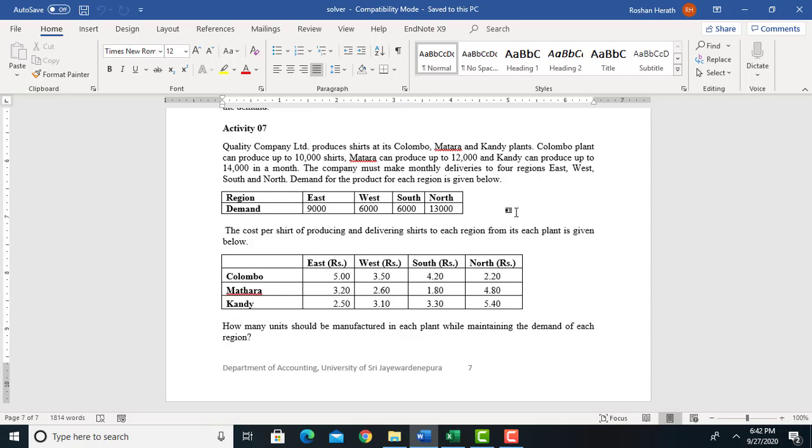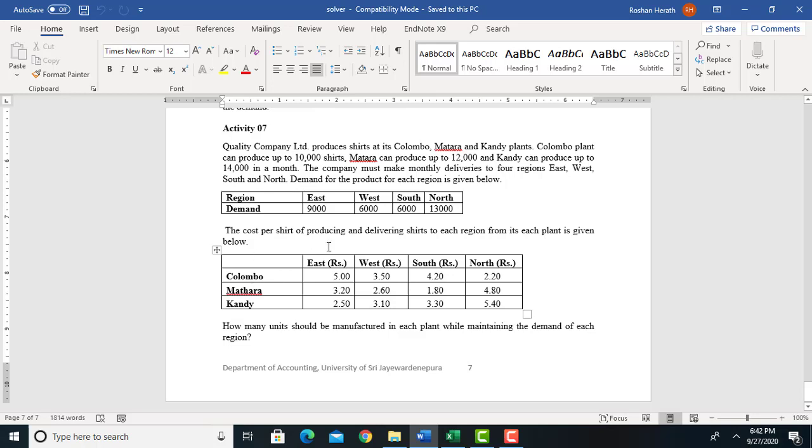Therefore, you need to know the delivery cost per shirt. Since you are doing shirts, you need to know the delivery cost per shirt from each plant to each region. So here you are given the cost per shirt of producing and delivering a shirt to each region from each plant.